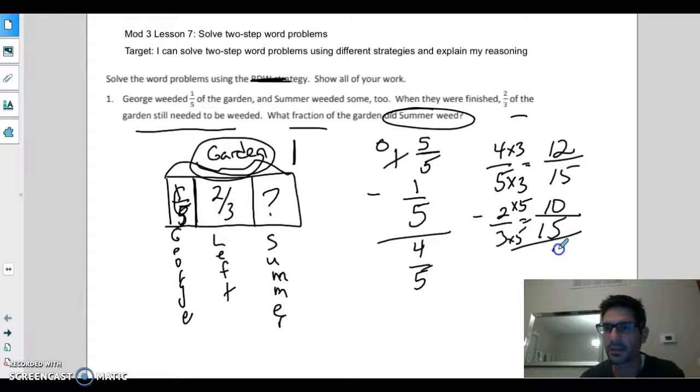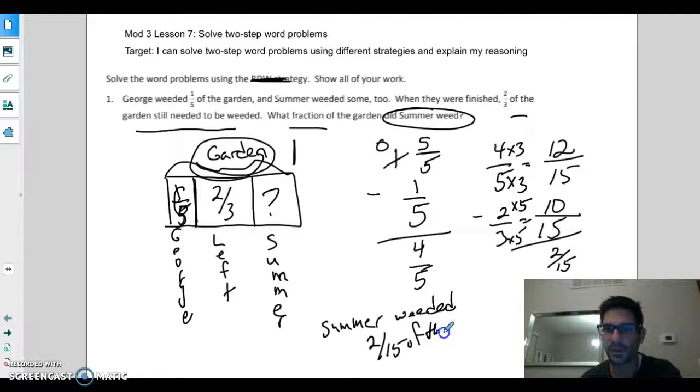So now I get 2/15. So Summer weeded 2/15 of the garden. There you go.